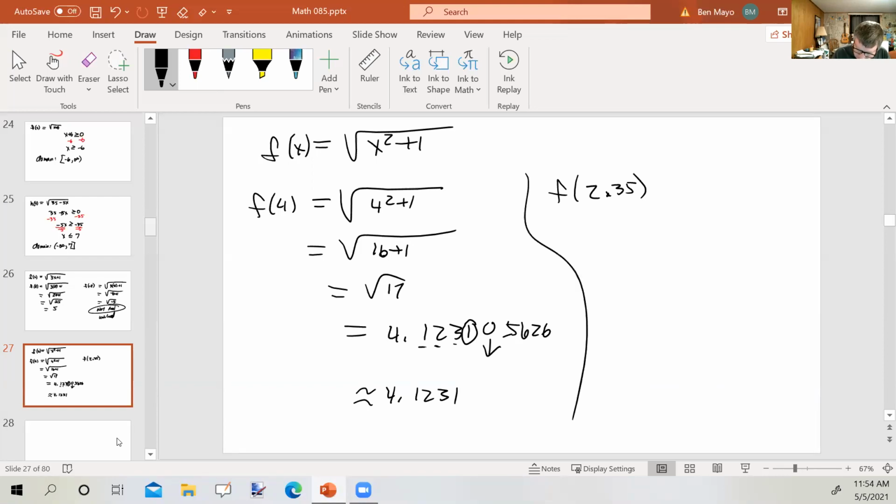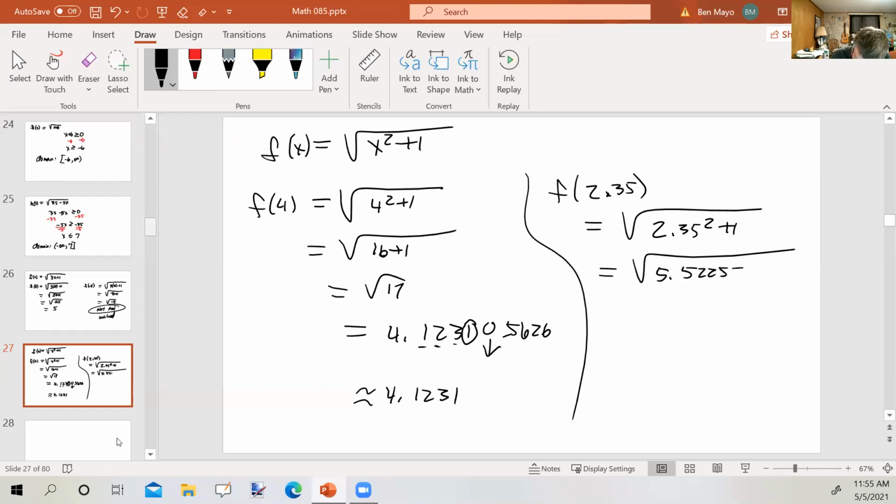And then this one over here, that would be the square root of 2.35 squared plus 1, which is the square root of, let's see, 2.35 squared is 5.5225 plus 1, which is the square root of 6.5225.